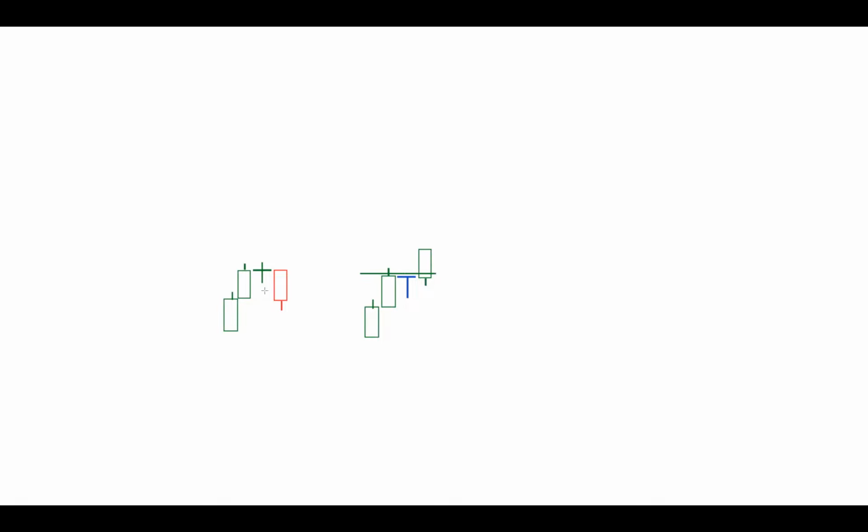Okay. So now, how do we identify whether this is a seller's Doji or a buyer's Doji? A green candle, then Doji, and then a red candle. This can be a possibility. So now work on the possibilities. A green candle, the Doji, and the green candle.